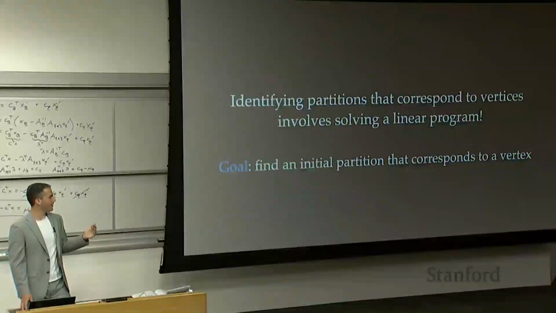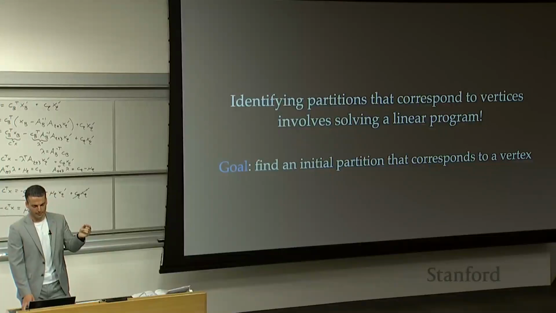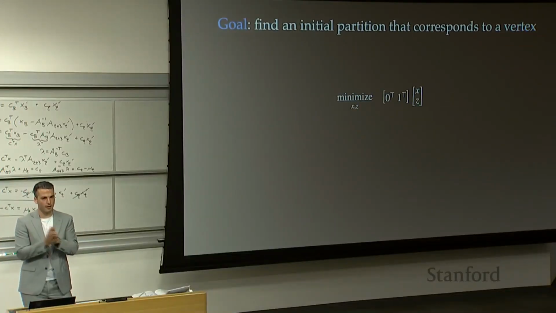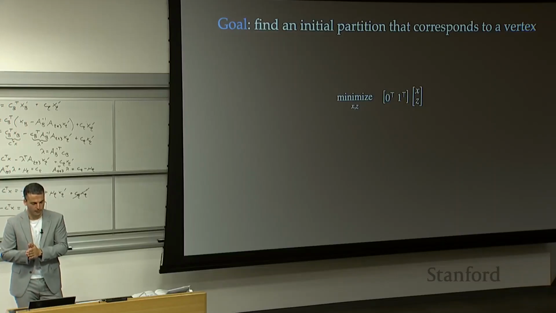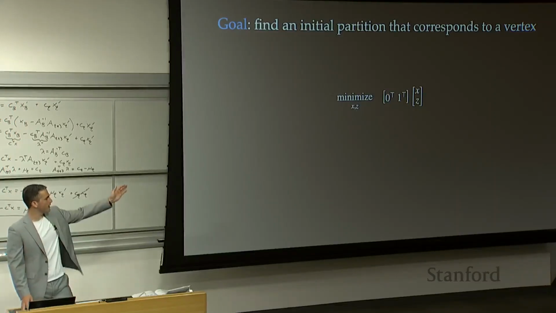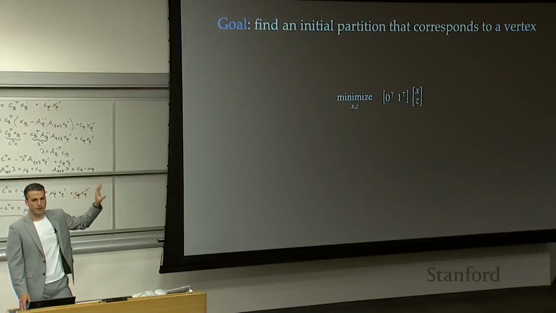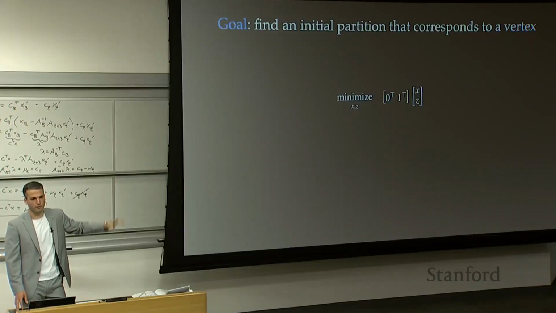Our goal here is that we want to find that initial partition. In order to do this, we're introducing this auxiliary linear program that we're going to be working with. We're introducing these variables z here. This auxiliary linear program is not equivalent to the original linear program that we're interested in. This is just focused on getting us that initial starting vertex.